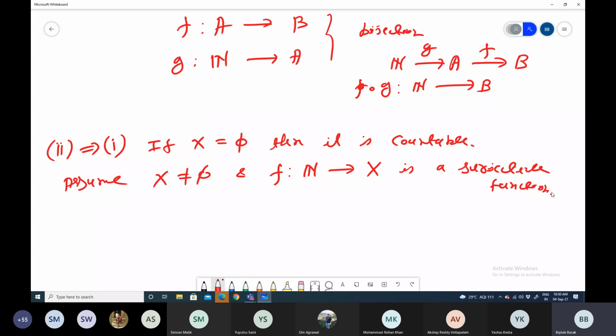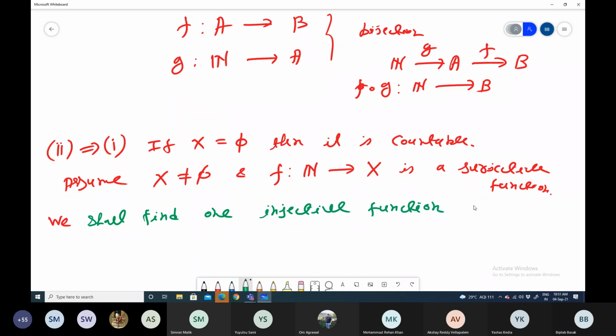Now what we'll do, we shall find one injective function g from X to N. Okay, now how to find that?